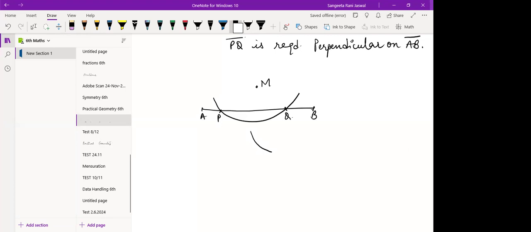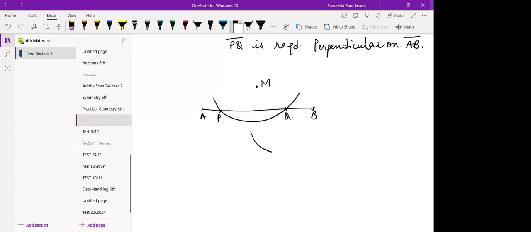Done? You don't have to move the compass measurement, okay? Done, ma'am. Okay.